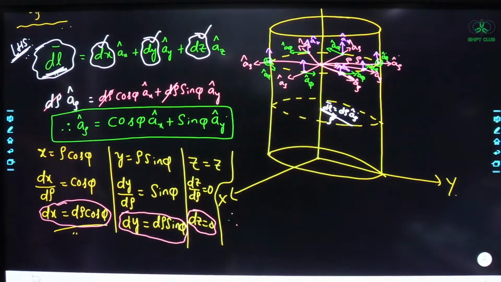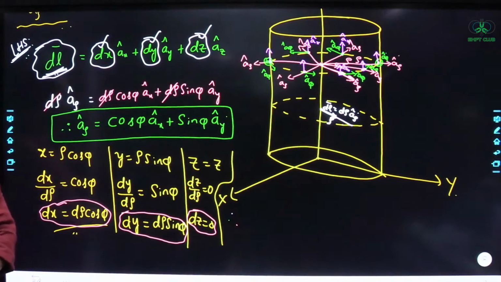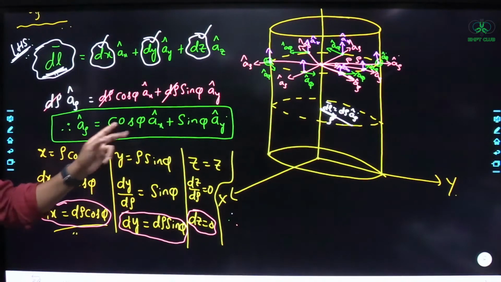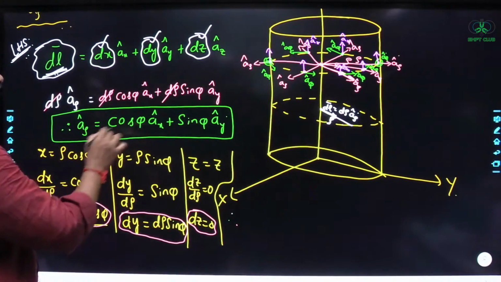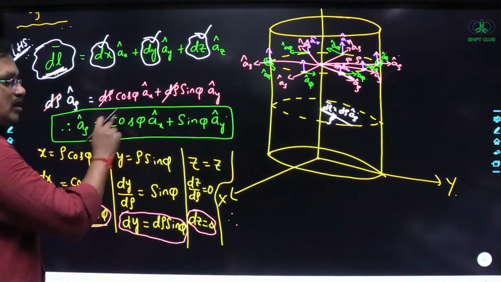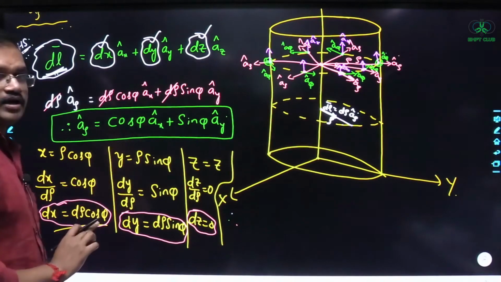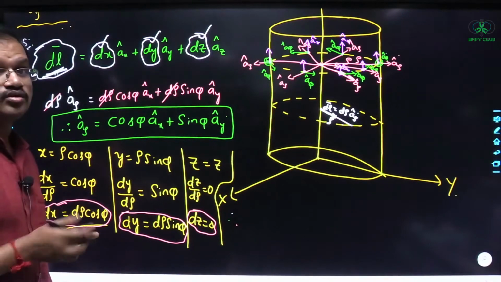Okay, so cos phi ax cap plus sin phi ay cap is the unit vector along rho. If you observe, this unit vector along rho depends upon phi, right? When phi is equal to 0, if you want you can check, put phi equal to 0 here, cos phi will become 1, sin phi will become 0. So a rho cap will be equivalent to ax cap when phi is equal to 0.